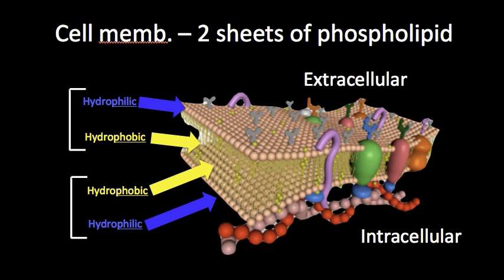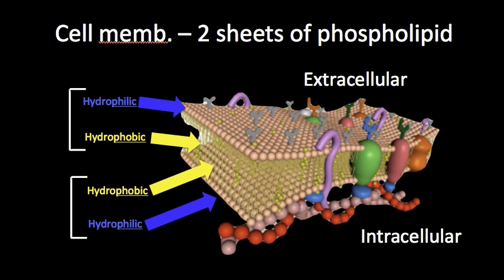And because we pack 2 sheets together like a sandwich, the 2 hydrophobic areas are back to back, and the 2 hydrophilic areas face the extracellular environment or the intracellular environment. This is a very clever arrangement because it allows cells to exist in a watery environment, but at the same time, by having the internal fat, it helps to lock the external environment from the internal environment and therefore regulate the interaction between the two.